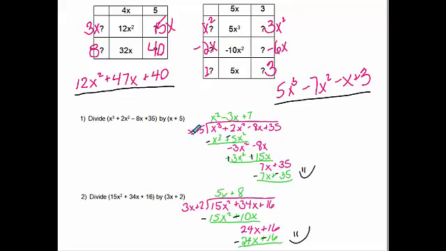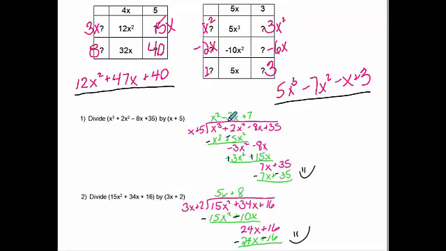We first divide x cubed by x, giving us x squared. X squared multiplied by x plus 5 gives me x cubed minus 5x squared. I subtract, the x cubes drop out, and I get negative 3x squared minus 8x. Then I divide negative 3x squared by x, giving me negative 3x.